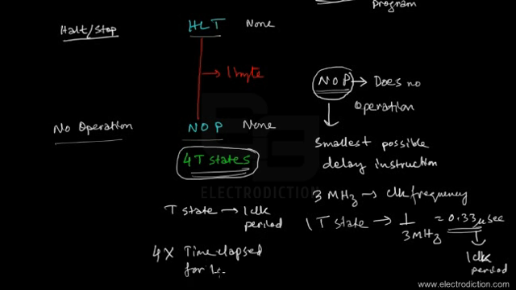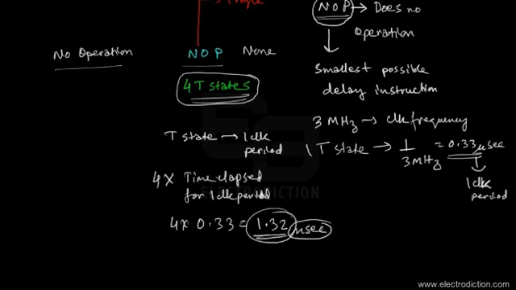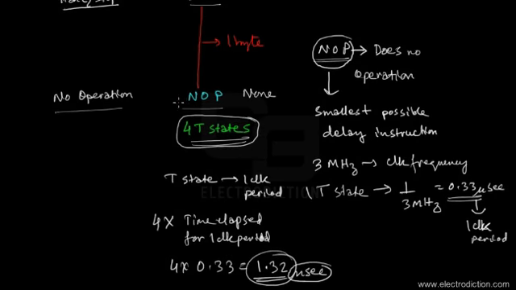Your one clock period is 0.33 microseconds, so this equals 4 multiplied by 0.33, roughly 1.32 microseconds. So you get a delay of 1.32 microseconds by executing the NOP instruction once.